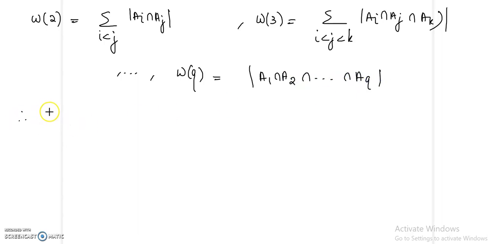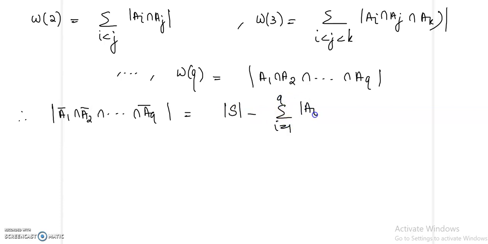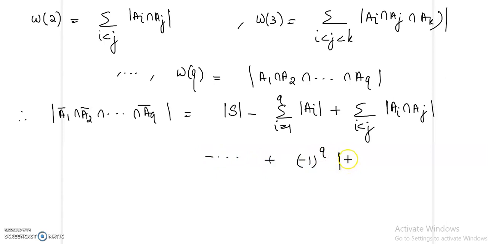So therefore, the cardinality of A1 complement intersection A2 complement intersection ... intersection Aq complement will be equal to the cardinality of S minus the summation over i equal to 1 to q of the cardinality of Ai, plus the summation over i less than j of the cardinality of Ai intersection Aj, and so on, plus (-1)^q times the cardinality of A1 intersection A2 intersection ... intersection Aq. So that is the required result.